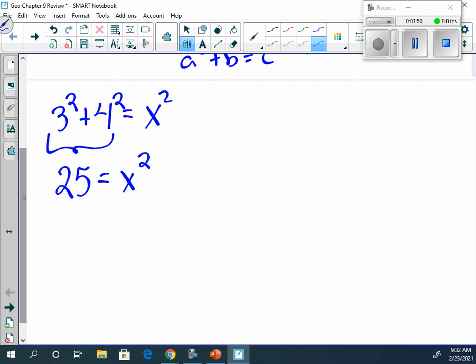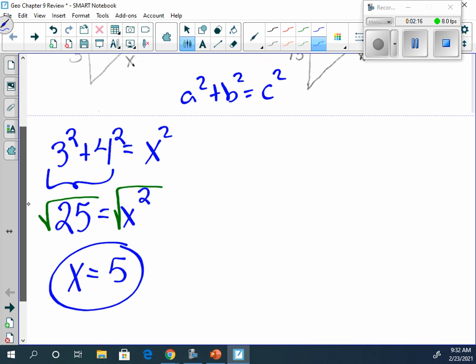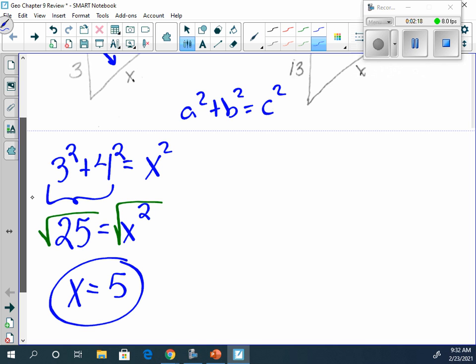To get the value of x by itself, we would square root both sides, because the square root of x squared would be x. Now the square root of 25, we can plug into a calculator, and it would tell us that it is 5. So the missing side length for this triangle is 5.